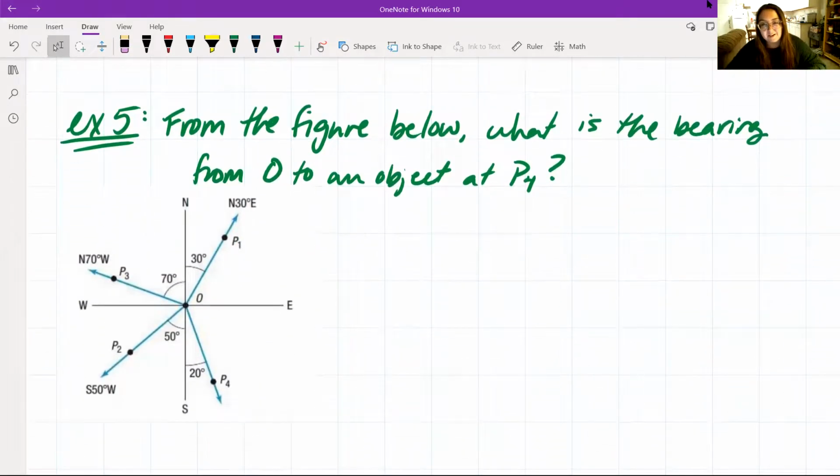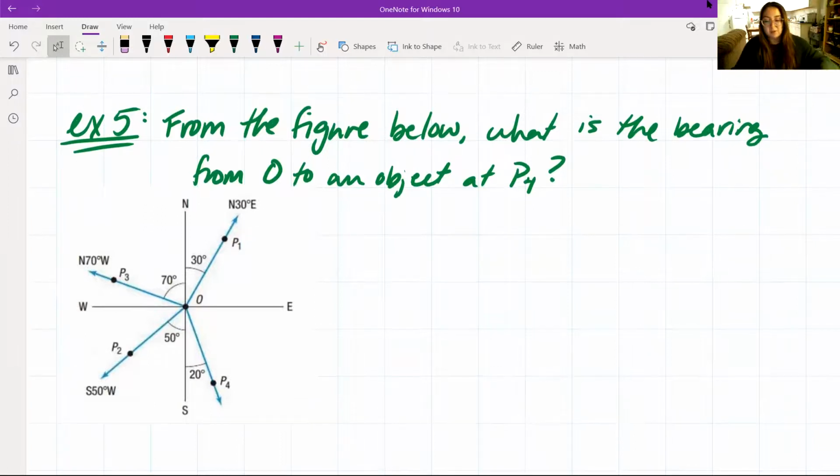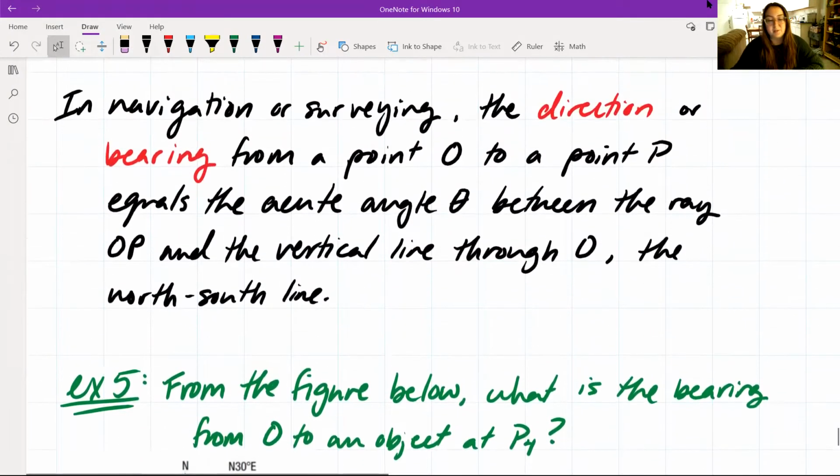But for our example, we are given a plane here with our different rays and lines that are drawn out. So example 5, from the figure below, what is the bearing from O to an object at P4? Let's read over our instructions one more time because it's a little confusing. The direction or bearing from a point O to a point P equals the acute angle theta that's between the ray of OP.